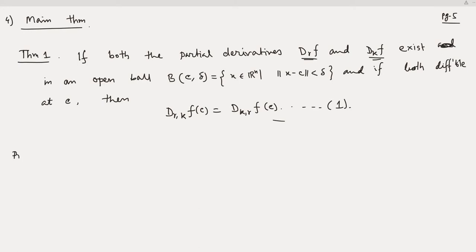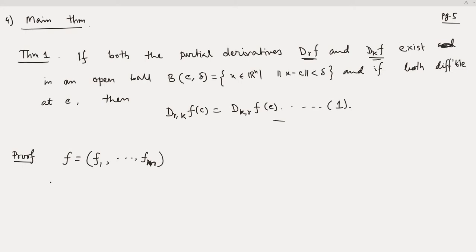So prove. Let f1 and so on fm, sorry, this is m. Suppose these are the component functions of f, that is f equal to (f1, and so on, fm).